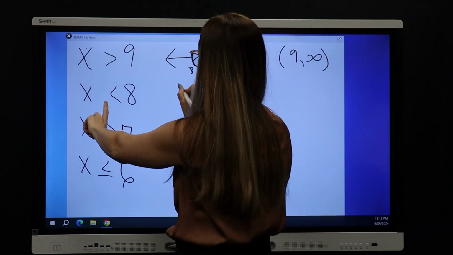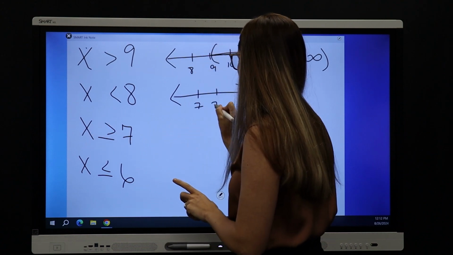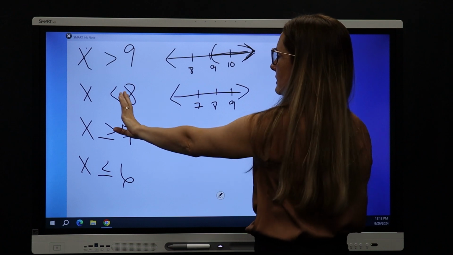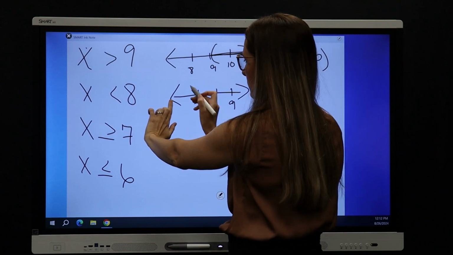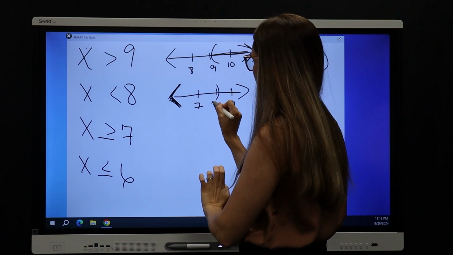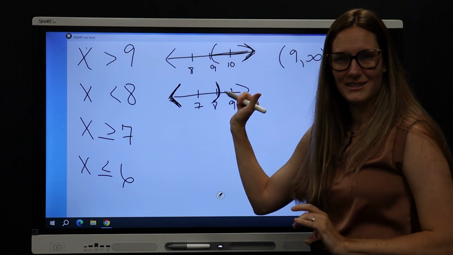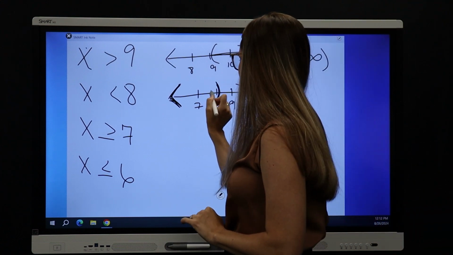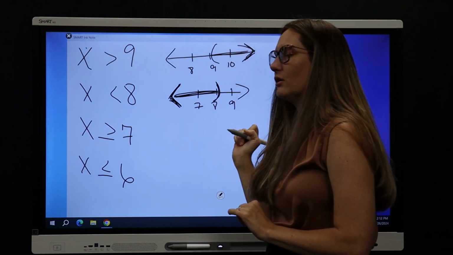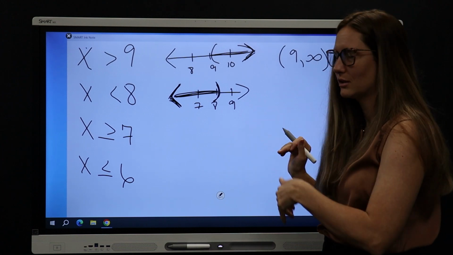X is less than 8. 7, 8, 9. Since it's less than and X is first, it matches this one. At 8, we're going to open it up toward that way. I'm trying to get it on the line. It's the collaboration stuff. But y'all won't have to draw so much. You're going to have to click the correct ones, I'm pretty sure.